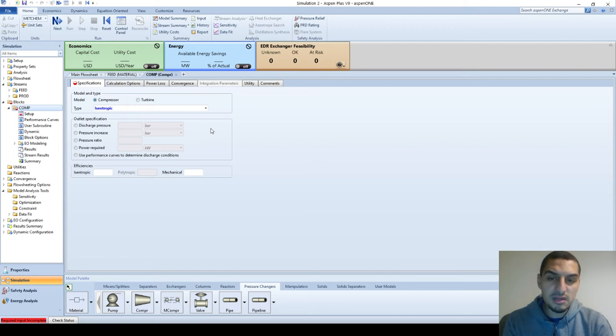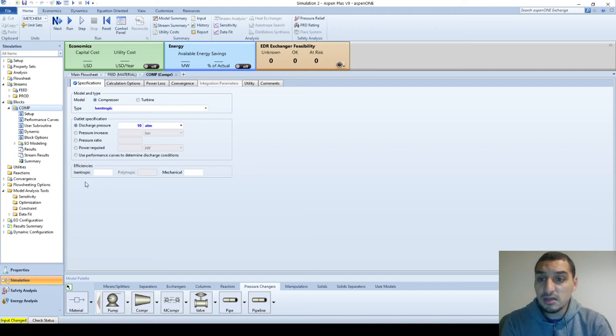Again, I'm interested in doing this first because I'm gonna show you how the calculations can be done manually, so we can compare our manual results with the results that we get from the software. Here you can choose either to go for the discharge pressure or pressure increase, pressure ratio, power required. I'm gonna go for the discharge pressure. I want it to be 10 atmospheres.